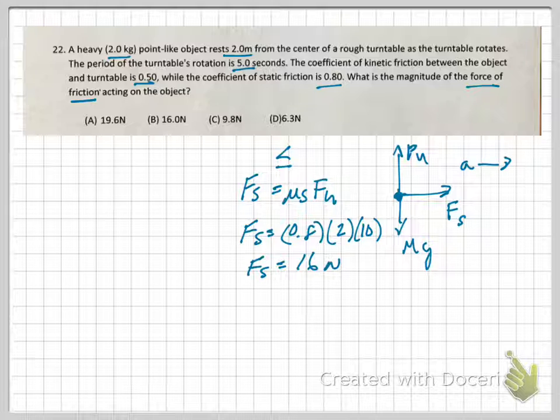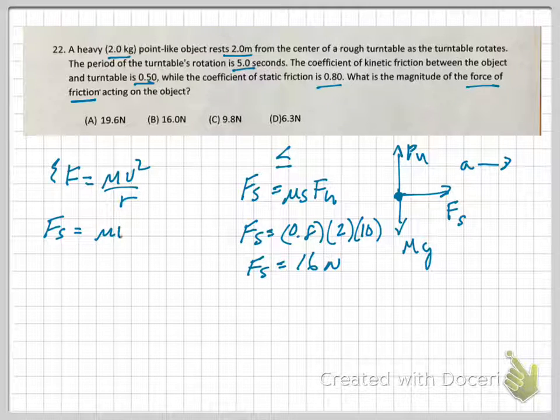So let's sum up the forces. We have the summation of forces equals mv squared over r, and it's static frictional force equals mv squared over r. But we don't know what the velocity is, but we were given the period, and we know velocity equals 2 pi r over period.